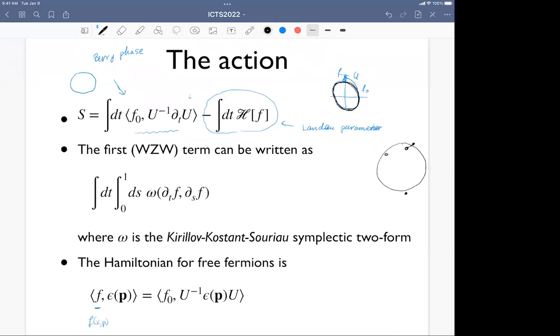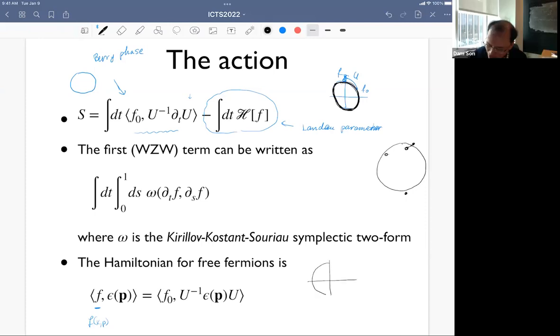My question is, is the specific form of the Landau parameterization something very natural from the point of view of this Coadjoint orbit? That you get this bilocal form in momentum space, f of p p prime?